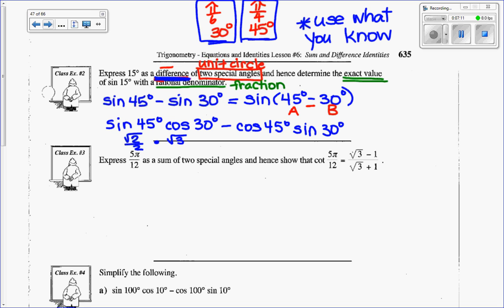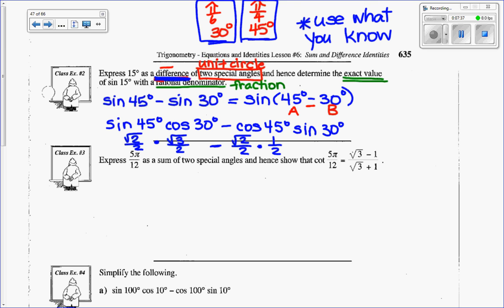Cos 30 degrees, that's root 3 over 2. Yes, and then we're going to subtract cos 45, root 2 over 2, times sine 30, which is 1 over 2. Okay, so root 2 over 2 times root 3 over 2 minus root 2 over 2 times 1/2.